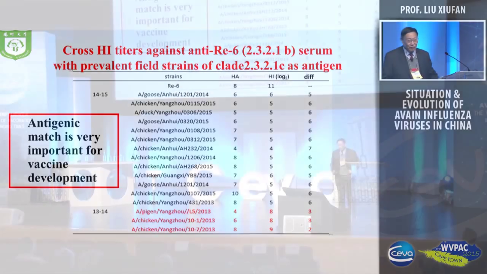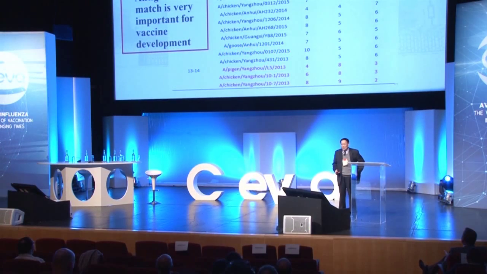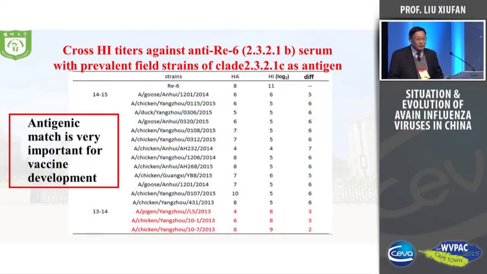We can see from the last column the cross HI titer, the difference is 5 to 7 HI titer in log 2. So the antigenic match is very important for vaccine development.